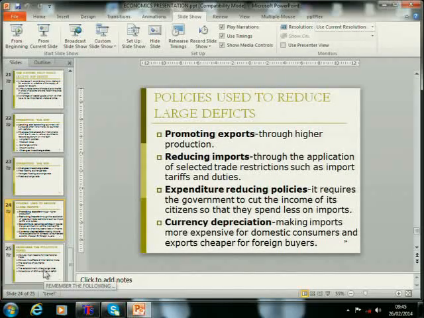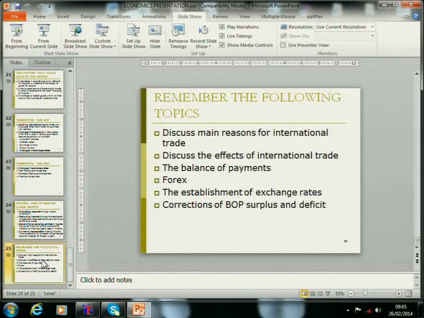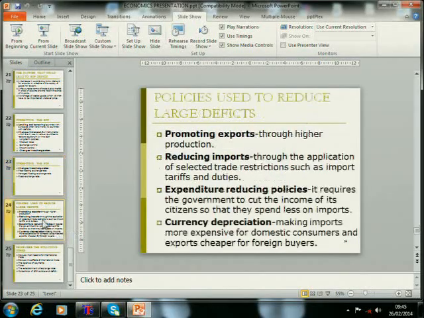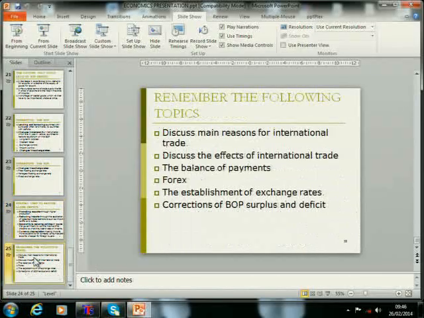It can help a country to recover from a deficit. So there are several policies which are used to reduce a large deficit: promoting export, reducing import, expenditure reducing policies, and lastly, currency depreciation. Those are the policies that can be used to control a deficit on the balance of payment account.